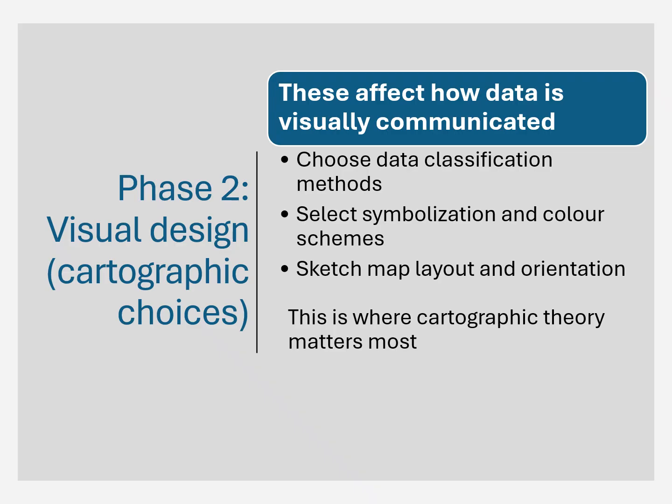Your symbology also matters: do you have a single color ramp or a bivariate color scheme? You also need to sketch the map layout and orientation, landscape or portrait, whether you want one map, or two or three maps on a figure, which one is your primary map, which is a locator map, and which one is a zoom-in to show details of an area that is very congested on the map. This is where cartographic theory matters most.